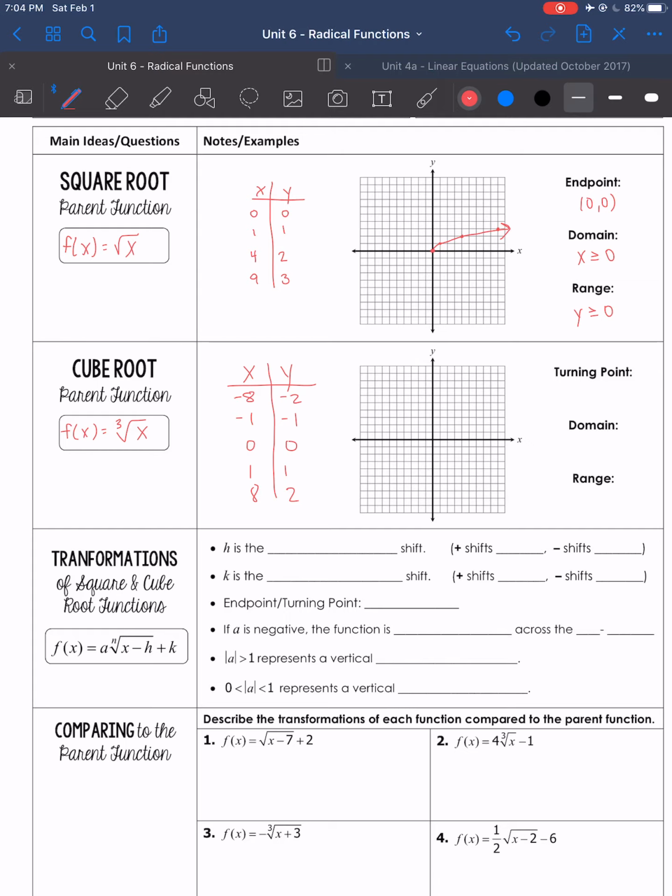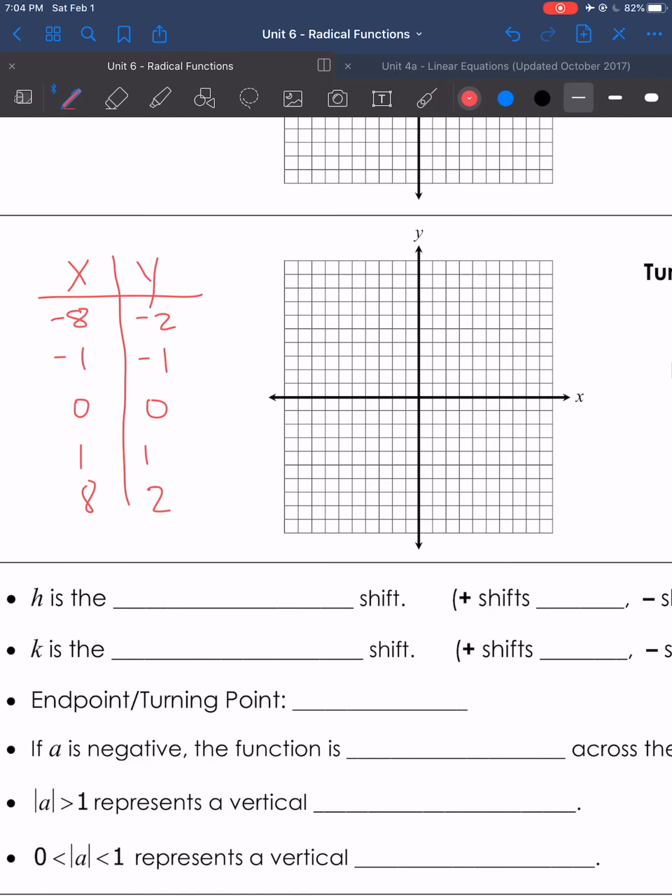So if we want to graph these points, start at 0, 0. Put those points on here.